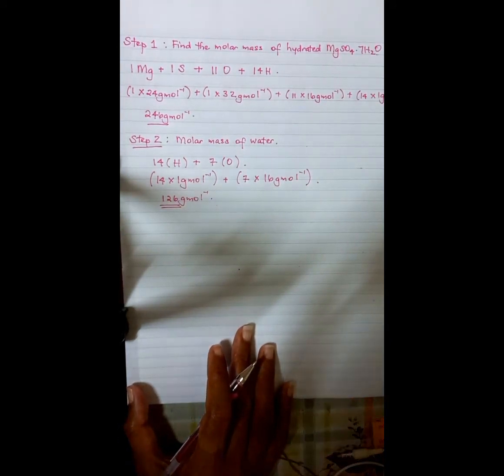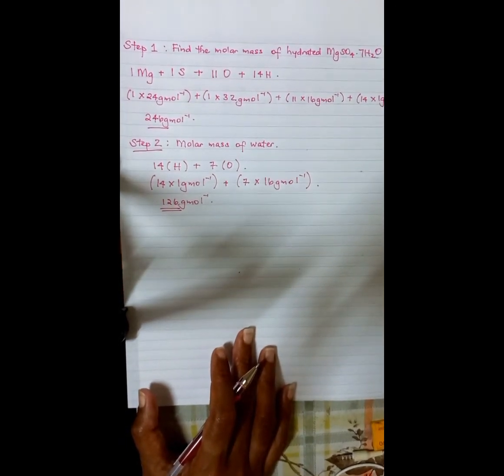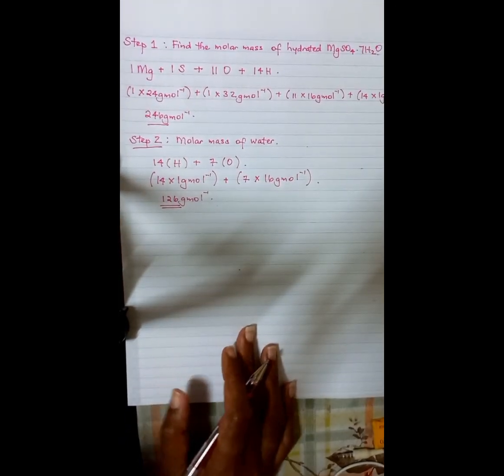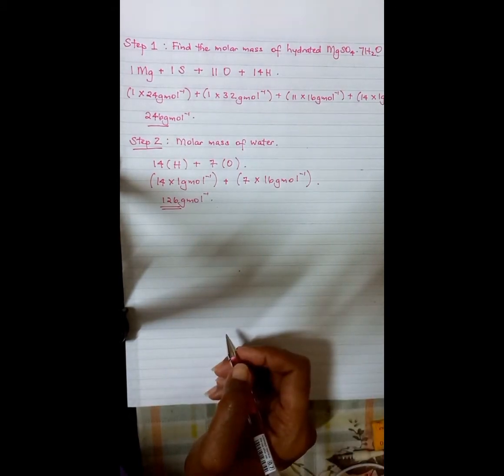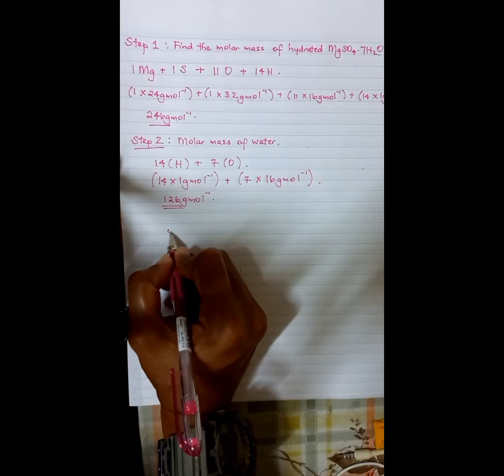Once you have found those two molar masses, you can put them into the equation for the percentage of water of crystallization.